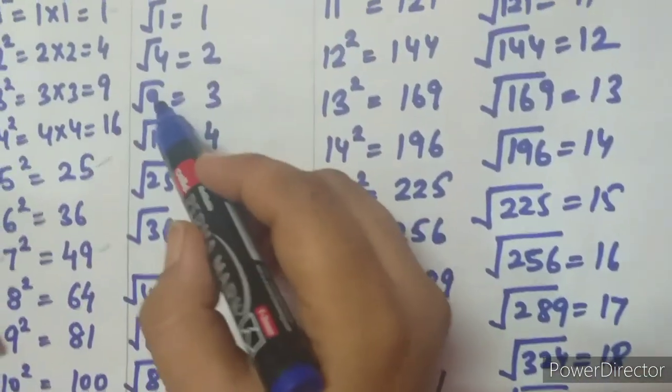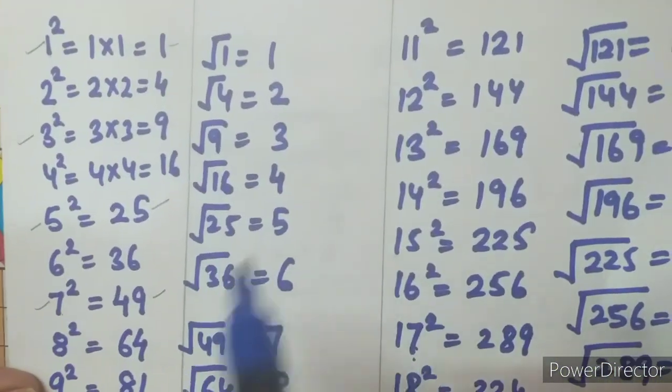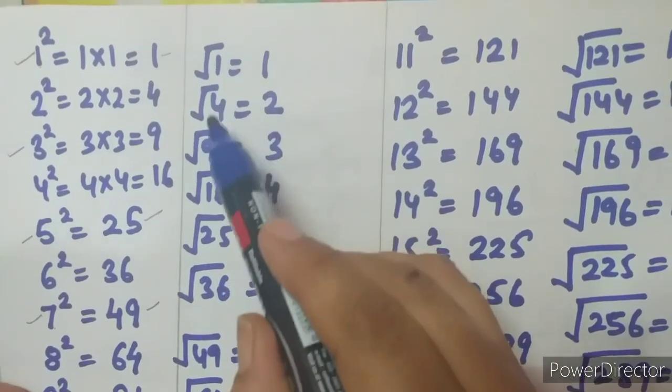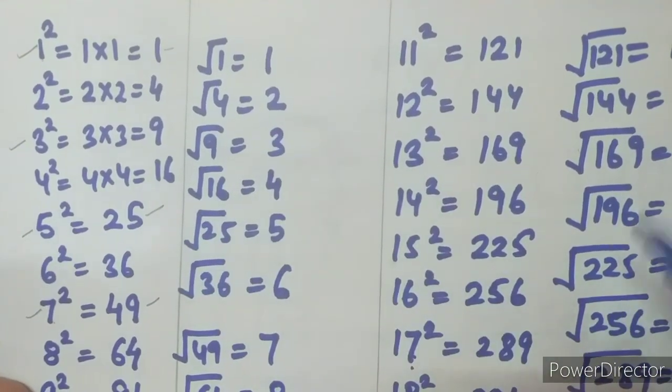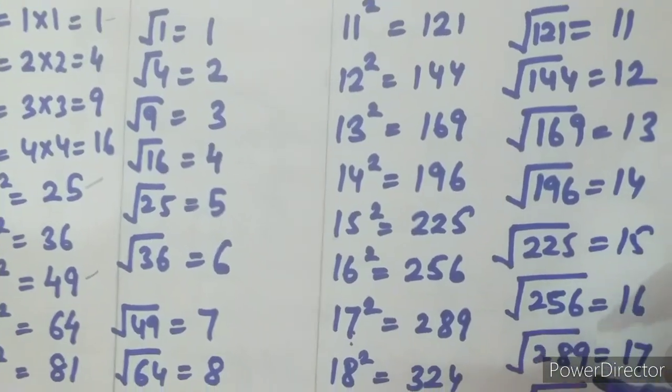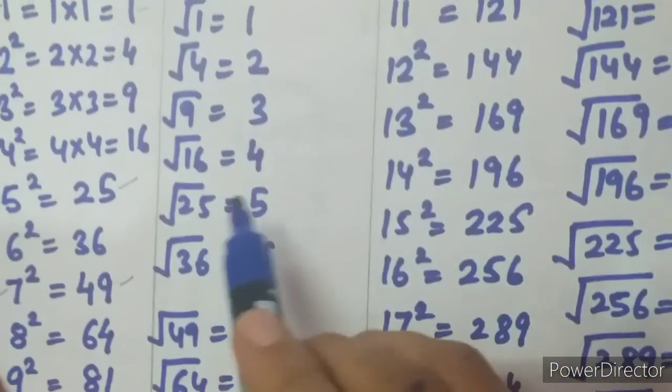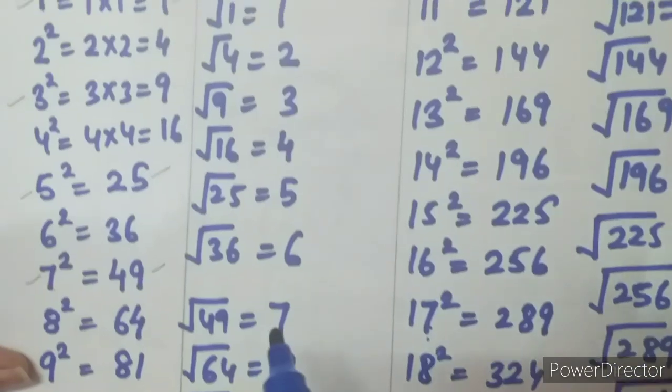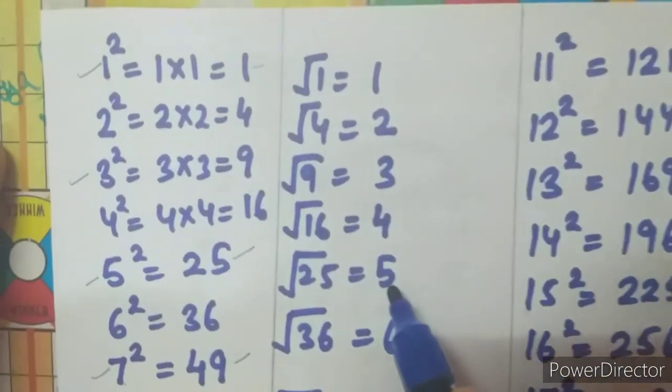And students, one more term I would like to tell you here, that all these numbers 1, 4, 9, 16, 25, and for example here 225, 256, 289, whose square roots we know exactly, these numbers are whole numbers, no decimal, no fraction.